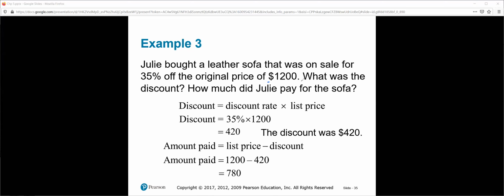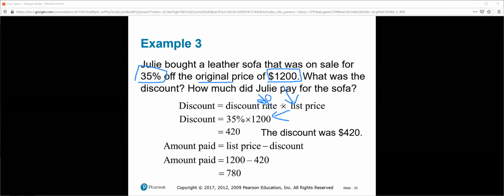Well, your price is always going to have your money involved, right? This is your list price or original price, same thing. This is how much the sofa was before the sale. So we can drop that into our equation here and land on 1,200 as our list price. Our discount rates are always percentages. So you see a percentage, you have a discount rate.